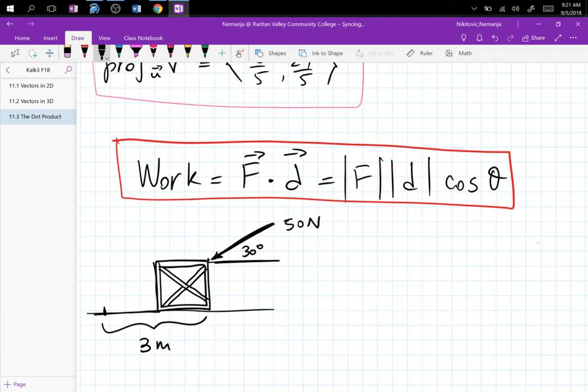So I have my distance vector to be 3, 0. Now you can also put negative 3, 0 because we are pushing to the left, but it doesn't matter. And we have our force vector that is 50 newtons. Now that's the magnitude. So force is 50 newtons.